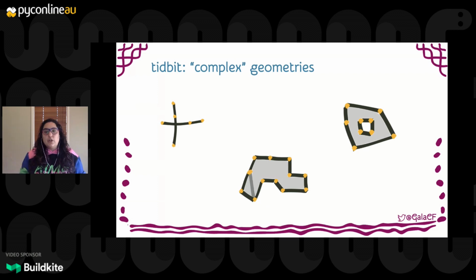There's also this thing called complex geometries. And if you look at this center polygon here, one of the things you see is a bit of a shaded gray line. And so if you think about what we talked about in the line as order, you can start thinking about the fact that if I follow these points in a weird order, I can actually cross my polygon and then cross it back. And that can actually create lots and lots of problems.